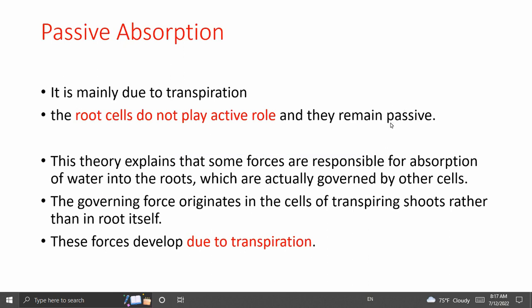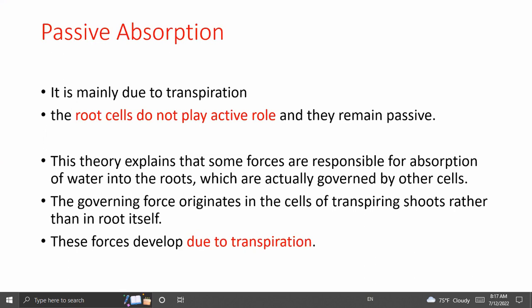Okay? So there are several theories. This absorption force originates from the transpiring shoots. There is a force generated. Due to transpiration, a force is developed, and this force leads to taking water inside.